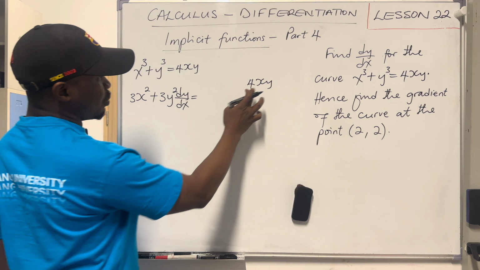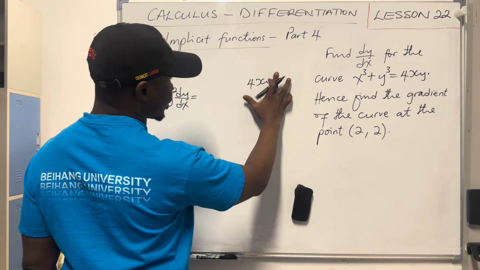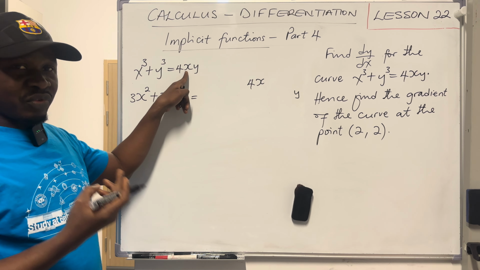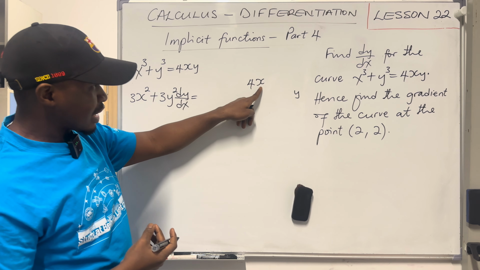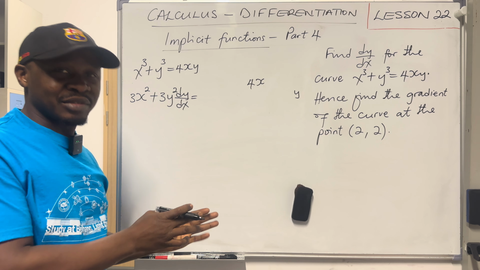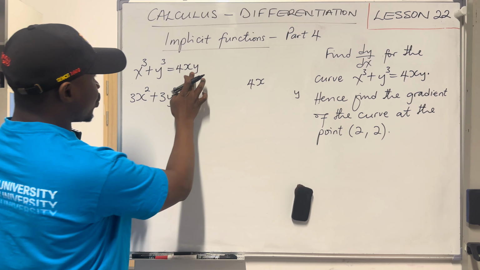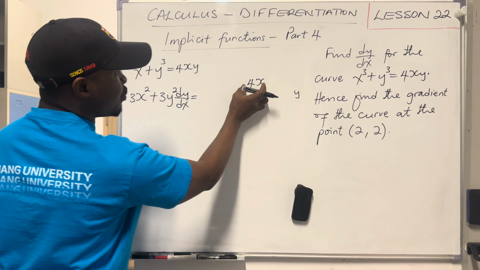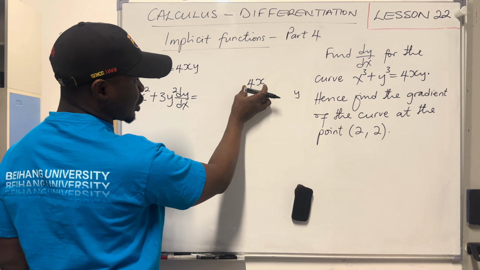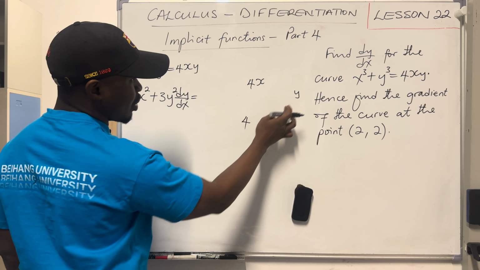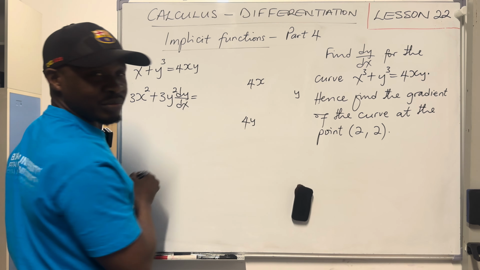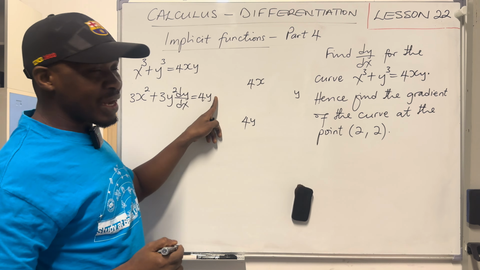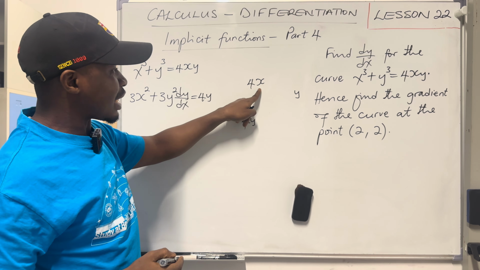So now that we want to differentiate x, let us keep y aside, so that beginners will not get confused. If we differentiate 4x, what do we get? We get 4. Now the one that you kept, you can bring it now. So we say 4y. Can we add dy dx? No, because we differentiated x and not y.